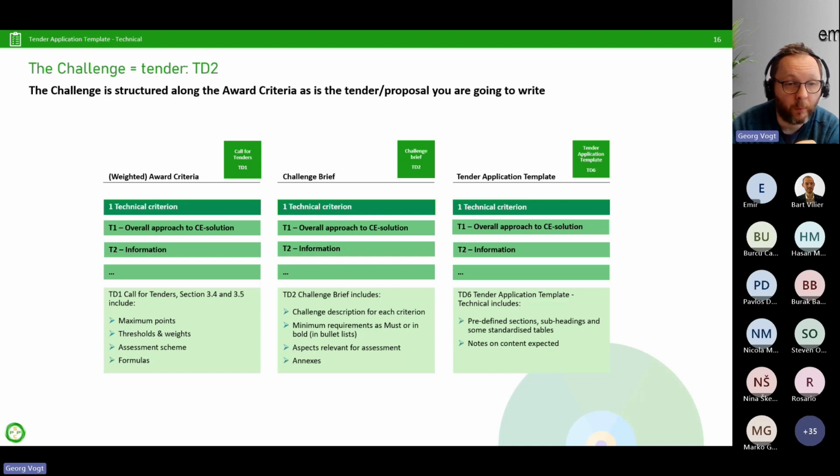And the title of this award criterion is exactly the title of the section in the challenge brief. And your tender will respond in exactly the section titled the same way in the technical application template.